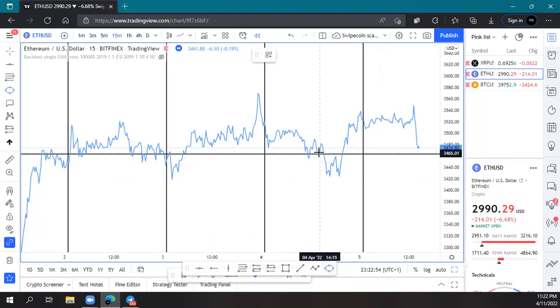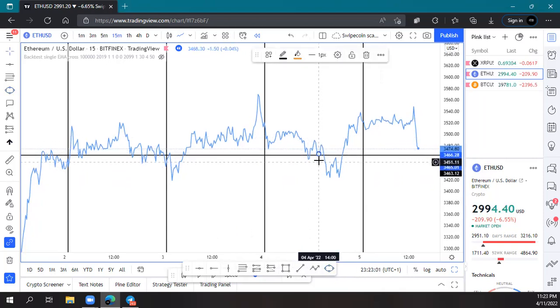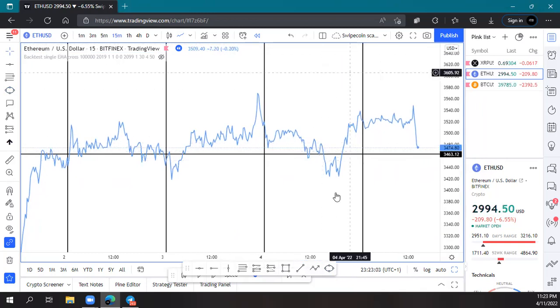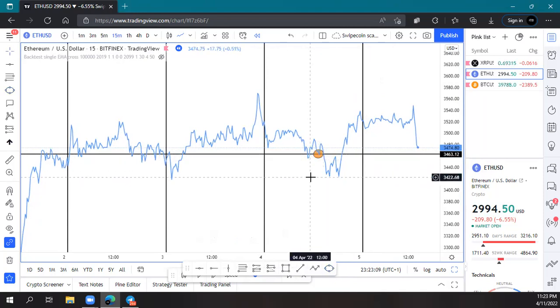Let me just use this. Okay. So I have 1 touch here, right? So this is 1 touch. If this is a touch, this is 2.